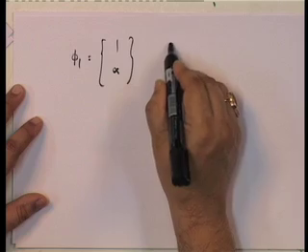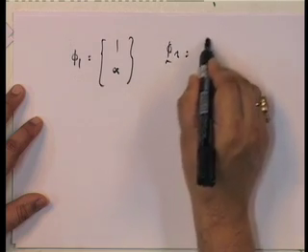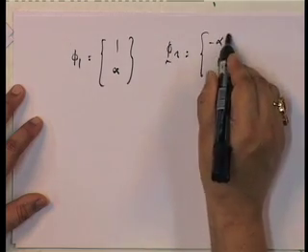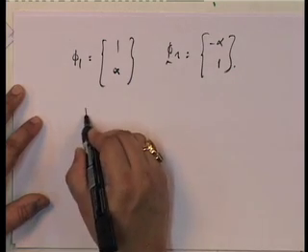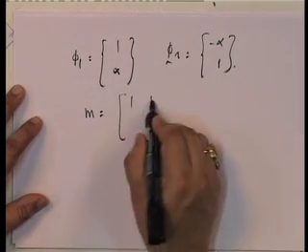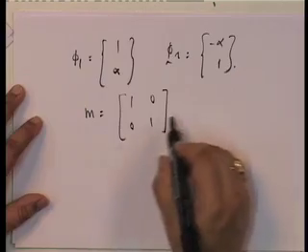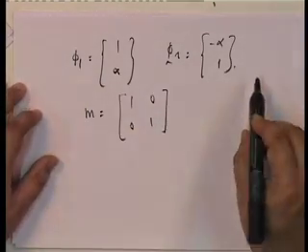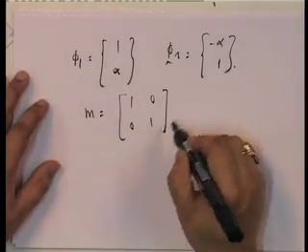The question then becomes, let us assume, if you take this as alpha, you will see that phi 1 is equal to 1 alpha and phi 2 will be minus alpha 1, and since m is equal to 1 0 0 1, you will see that they satisfy the conditions.